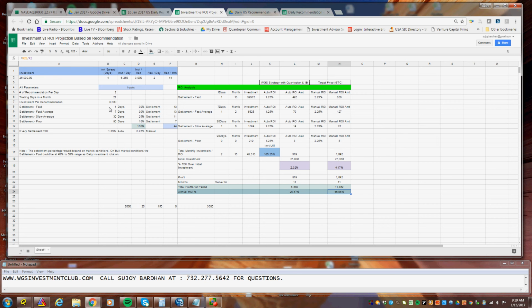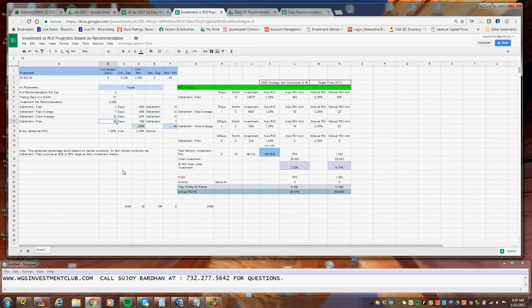This is all based on this strategy and research, where 30% of the recommendations hit the target price within a day, around 55% of them hit the target price within 7 to 30 days, and 15% of them take over 90 days.